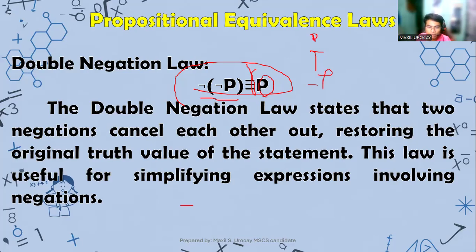Not P is not true, so it will become false. Now we will get the double not P. So the double not P will become, from the F, true. So we'll see if that is equal to the true, to the P. The P is true, so true and true, they are equivalent. So that is really good.